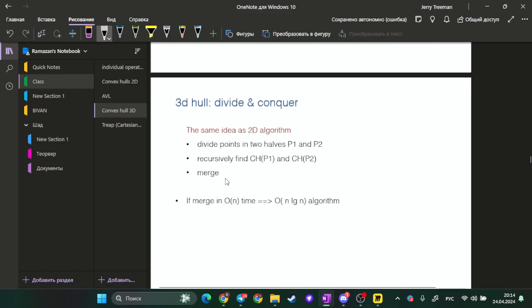Let's consider the divide and conquer algorithm that I didn't consider in 2D space, by the way.